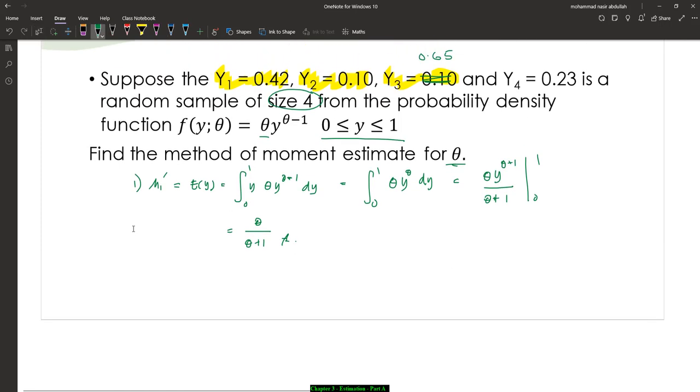So we know that the second step is expected value of y equal to 1 over n summation of yi, which is equal to y bar, right? Step number 3, we're going to equate the first moment about the origin and y bar.